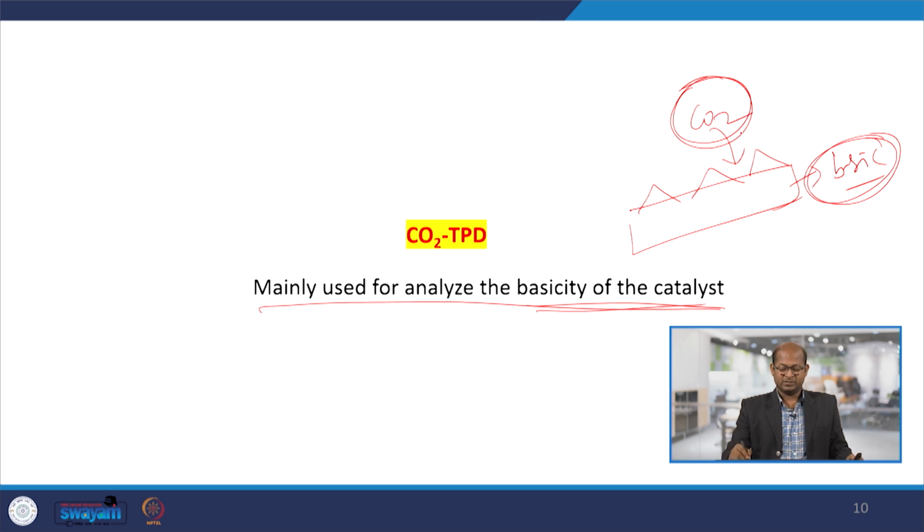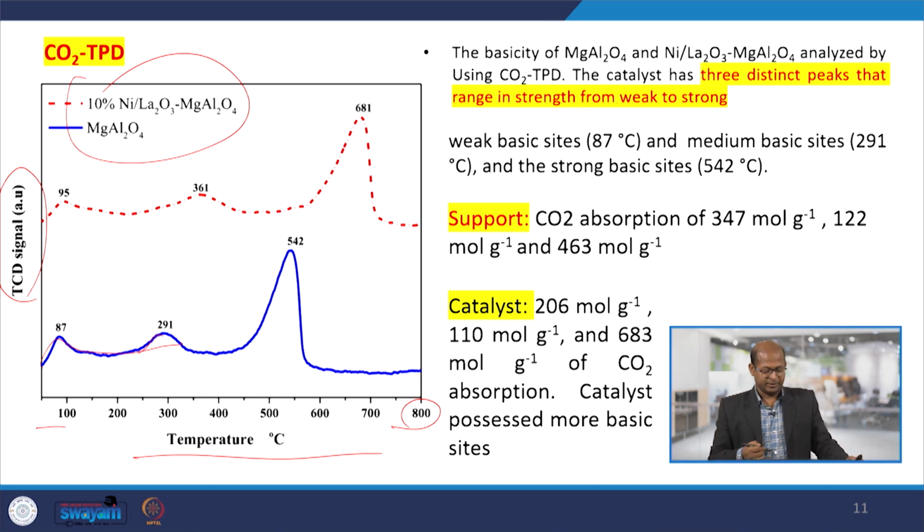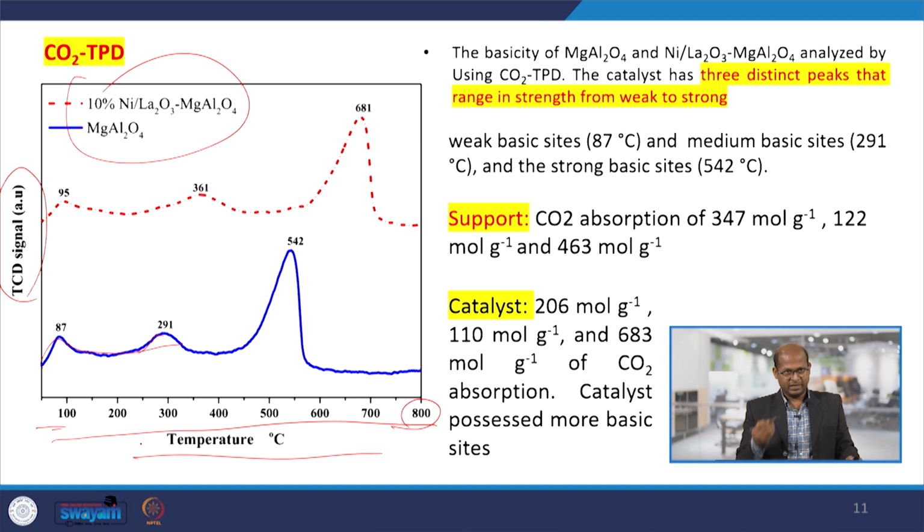Once it gets adsorbed, if you desorb CO2, then with the help of desorption we can quantify how much CO2 was adsorbed. It has been observed that after adsorption, when we started desorption by raising the temperature from 100 to 800 degrees centigrade, this type of curve came for this particular catalyst.